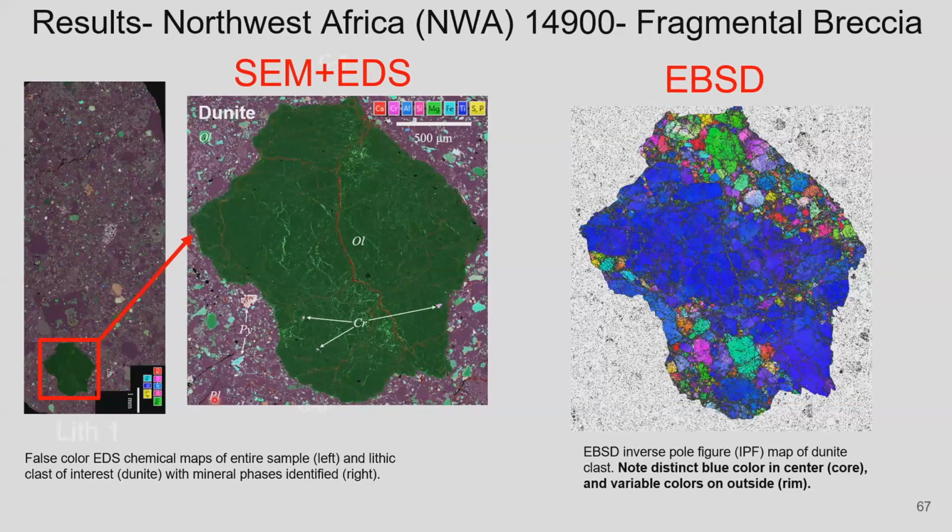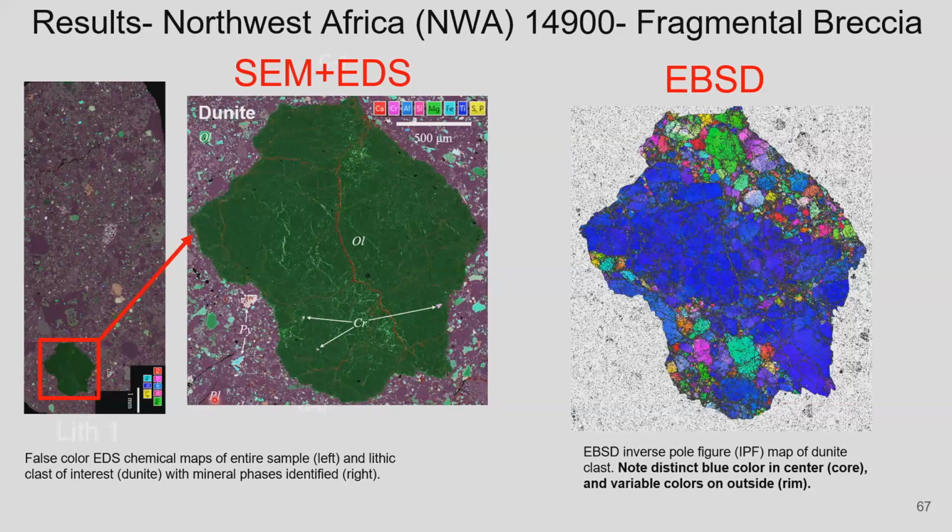Can you talk a little bit about what the coloration here means? So I see these blue colored grains in the interior and these multicolored grains in the upper and lower. Can you explain what that means in terms of the shock event? Okay, so the whole point of the inverse pole figure is you're looking at the crystallographic orientation of different grains, or I guess different pixels in the grains, with respect to a certain direction.